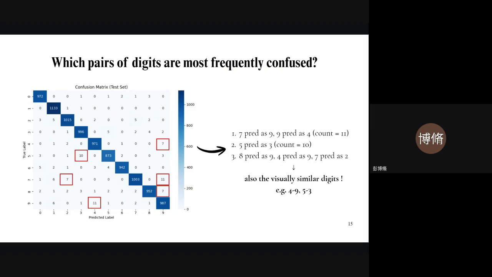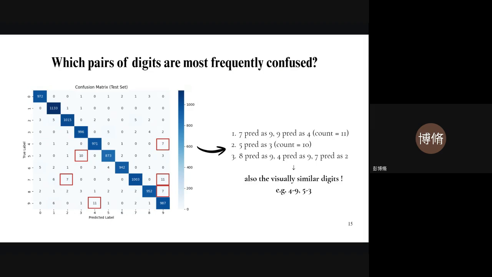However, if we look at off-diagonal entries, we can still find several confusion patterns. The most frequent confusion is between 7 and 9, and also 9 and 4, with a count of 11. The second most frequent confusion is between 5 and 3, with a count of 10.